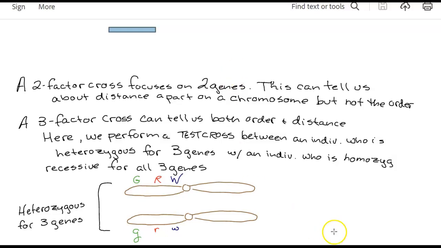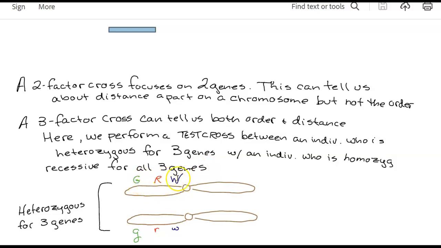A three-factor cross is a little bit better because it can tell us both the order and the distance of three specific genes. So when we do a test cross with an individual that's heterozygous for three genes, here we're using G, R, and W to represent the genes.